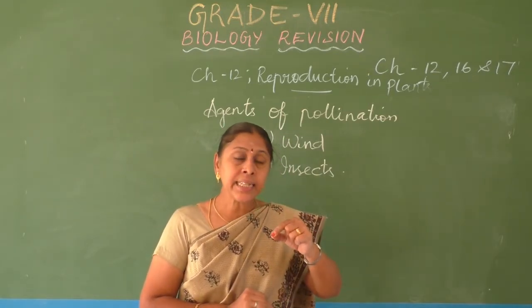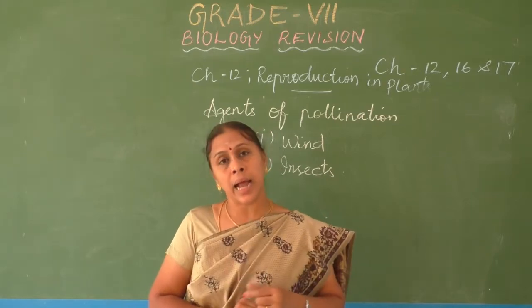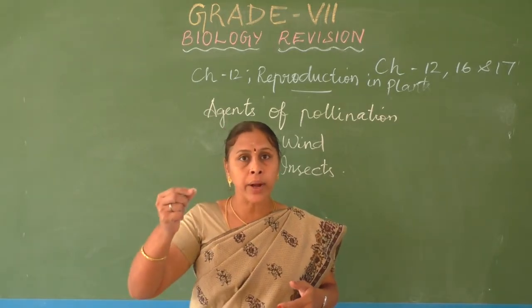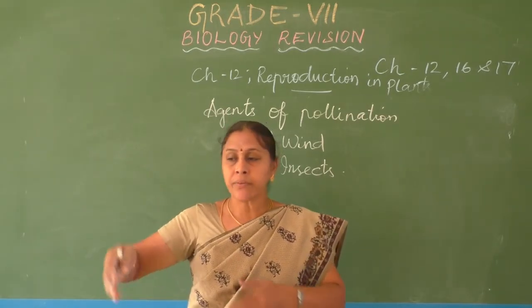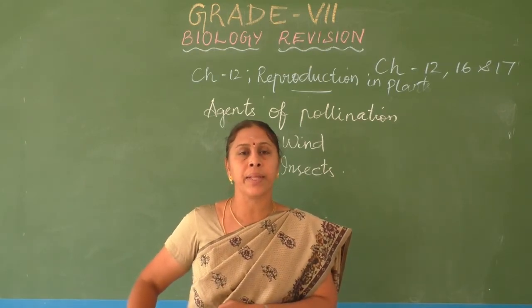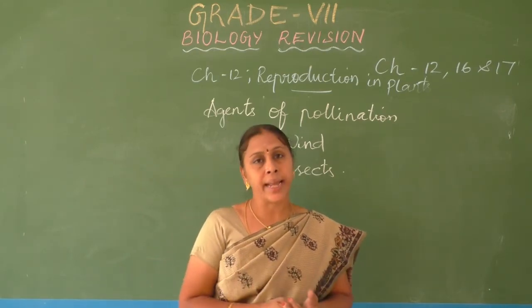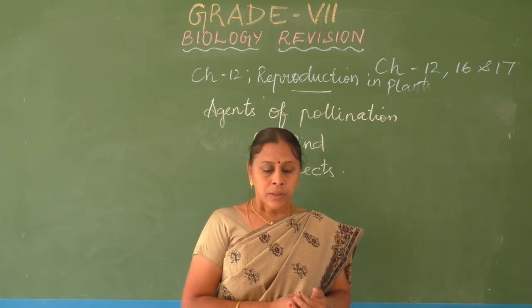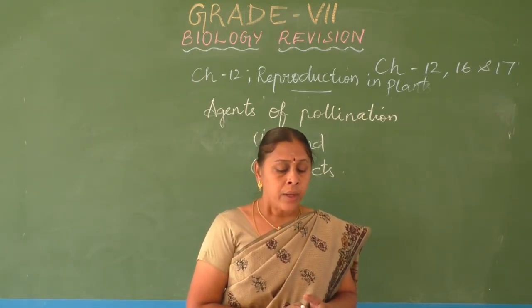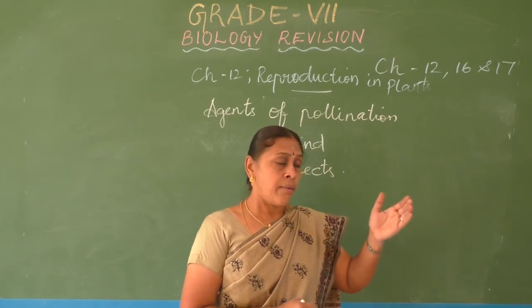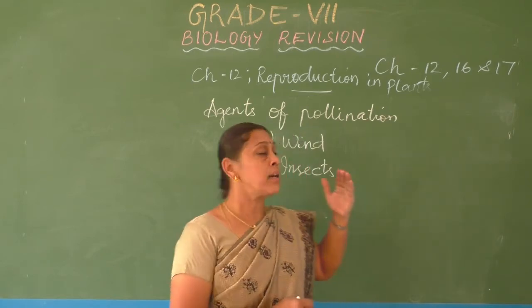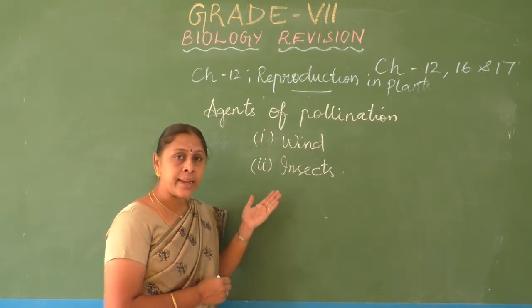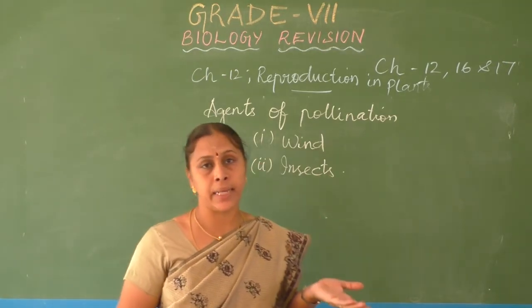And when these insects visit another flower, the pollen grain attached to the body of the insect will be dropped in that other flower and fertilization takes place. So in this way, agents like wind and insects help in pollination.